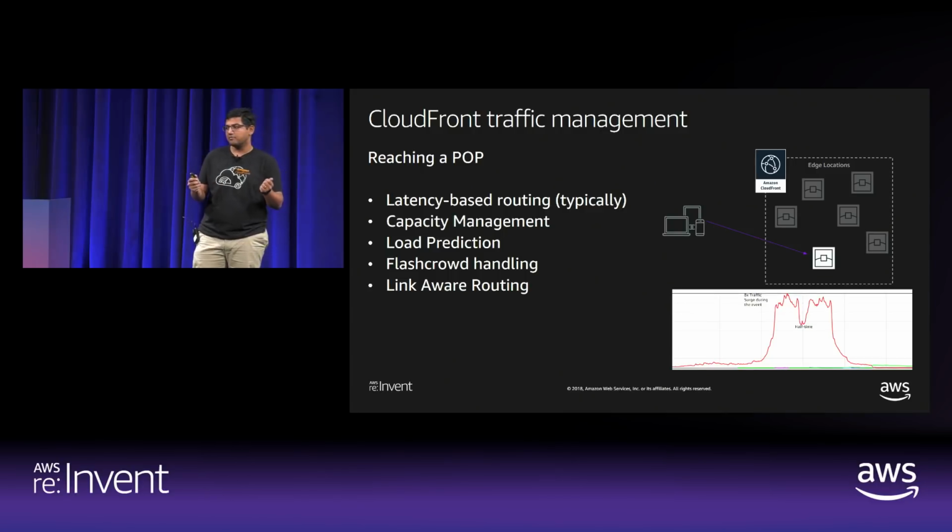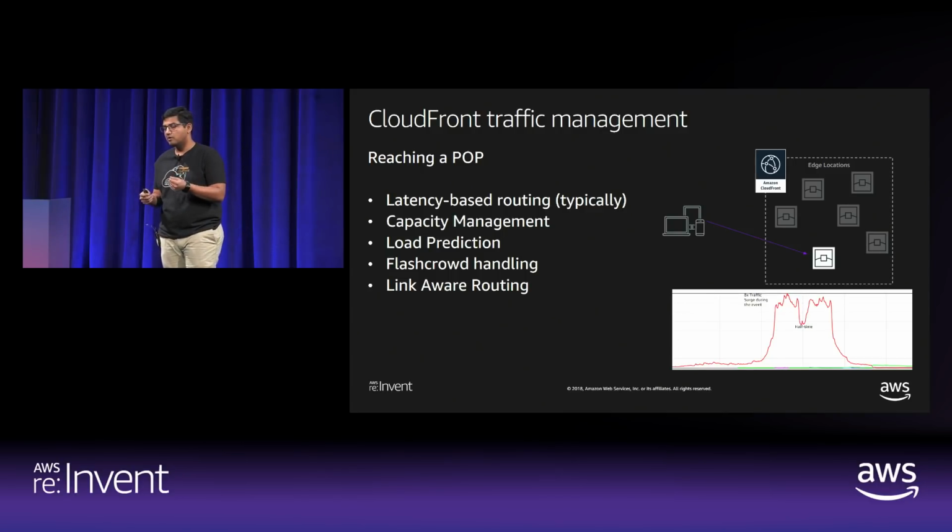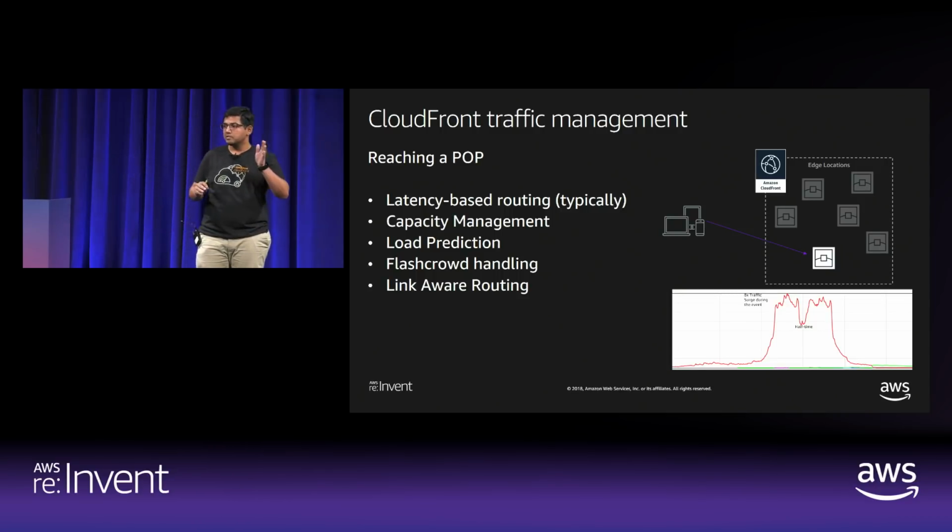So balancing this traffic out on edge locations is really important to ensure a good level of performance for the clients. Even with balancing the traffic across various POPs, there might be specific networks or links which might be overloaded. So CloudFront even detects this congestion and routes around it.